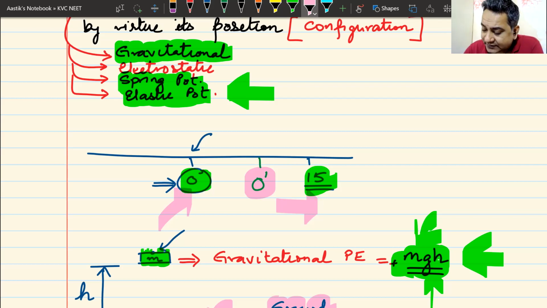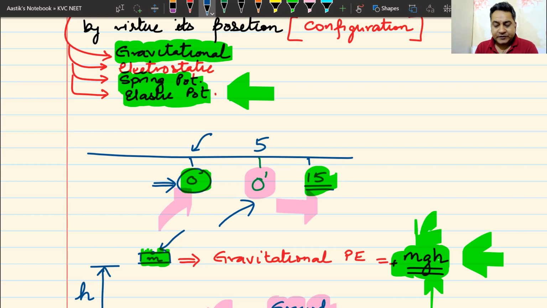For example, the new zero is at the point which was originally 5. So now 15 does not remain 15. 15 becomes 10 because it is only 10 units away from the new zero. That doesn't change anything in life. With this new zero, you can live your life as if nothing has happened.